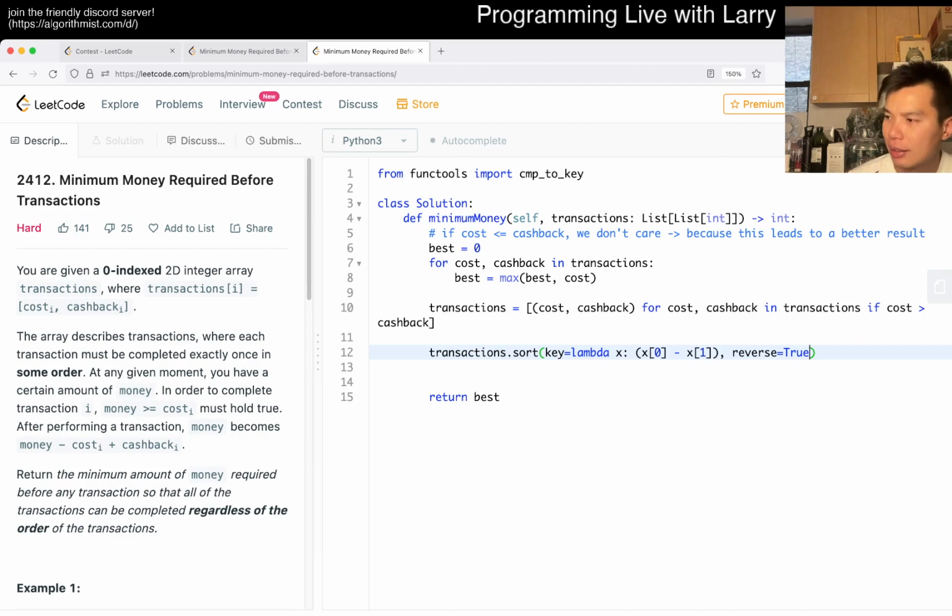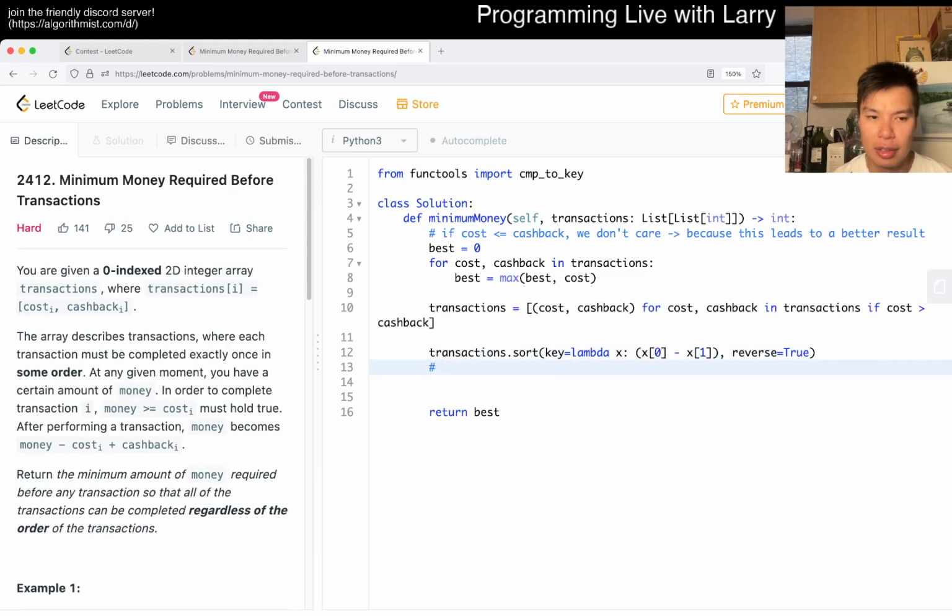Now we can work our way back. One additional observation is that, how do I say this, I think we can choose one cash back to ignore, right? What do I mean by that?